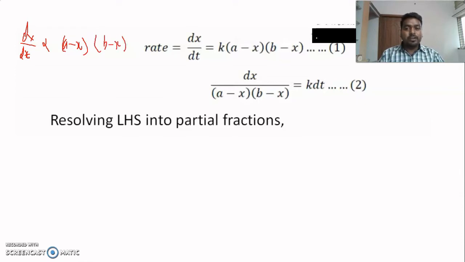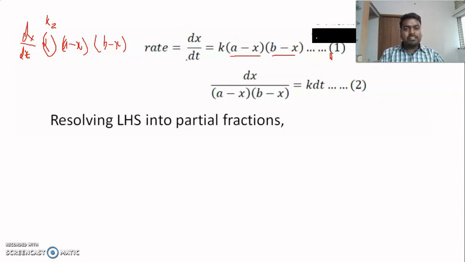We remove the proportionality by introducing the constant K. In some literature, K2 is used instead of K, since it is the rate constant of a second order reaction, but I am using K here. So the rate of reaction dx by dt is equal to K into (a minus x) into (b minus x). This is equation number 1.